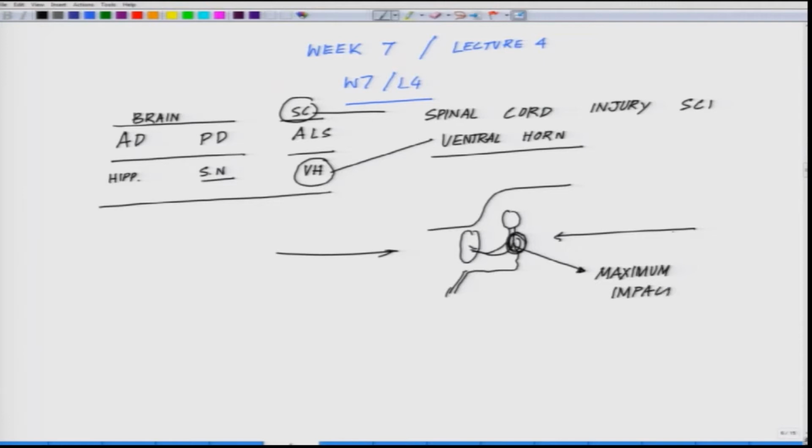And this maximum impact many a times or most of the time damages or stresses the spinal cord tissue.